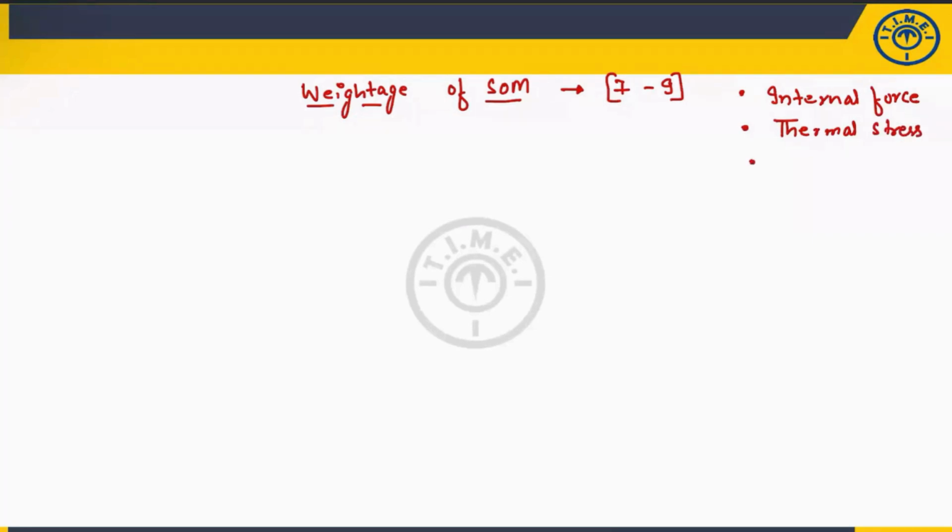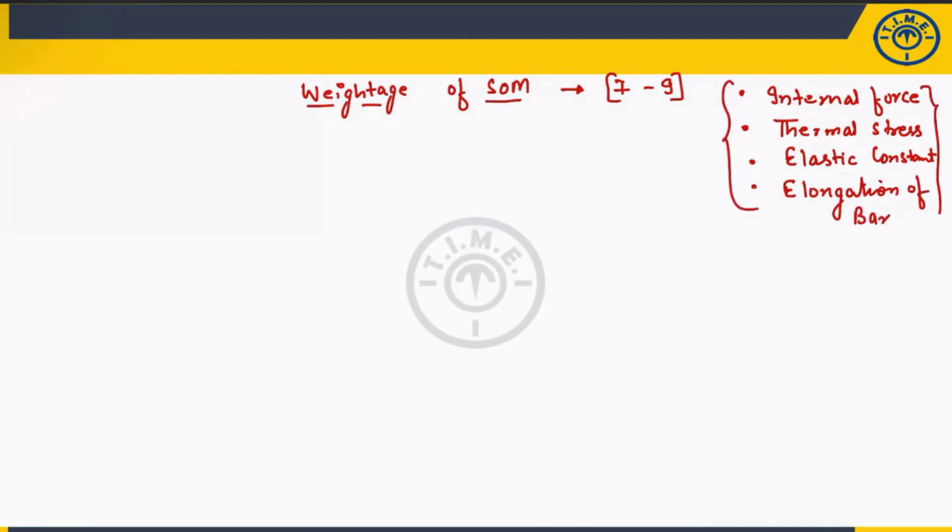Then questions based on elastic constants, and how you calculate the elongation of a bar. So these are the important topics from the first chapter. Then I will move to SFD and BMD.